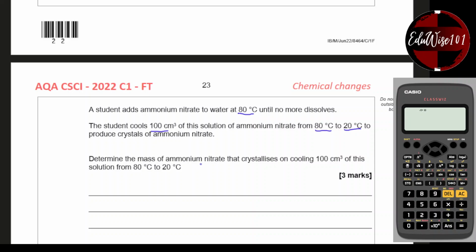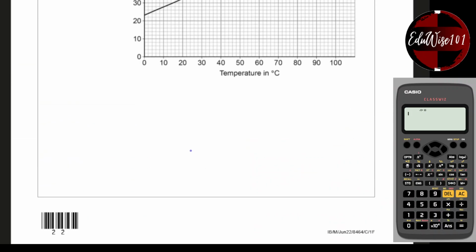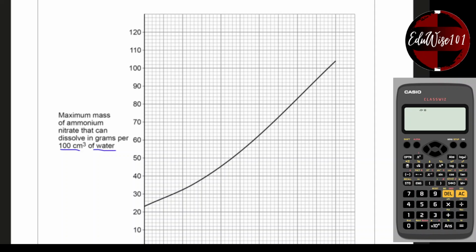Determine the mass of ammonium nitrate that crystallizes on cooling 100 centimeter cube of this solution from 80 to 20. Now, going back to the graph, you can see when the temperature is high, more of the ammonium nitrate is dissolving. What happens when it cools down? Well, less should actually dissolve, right? So the rest of it is going to crystallize.